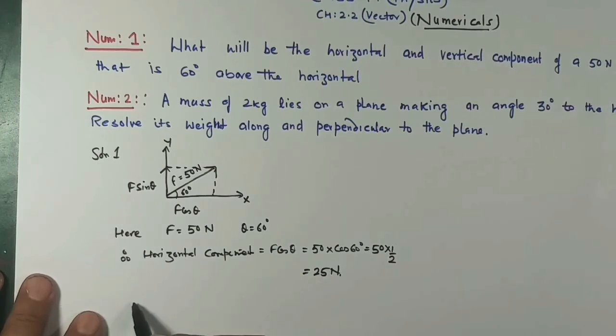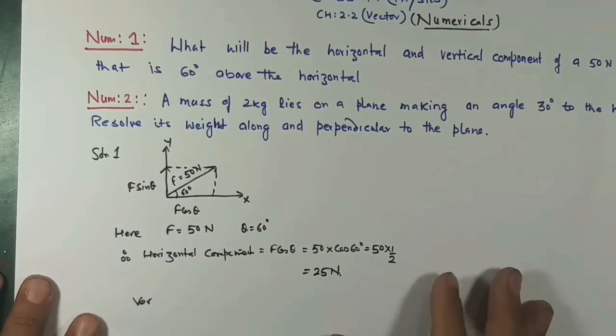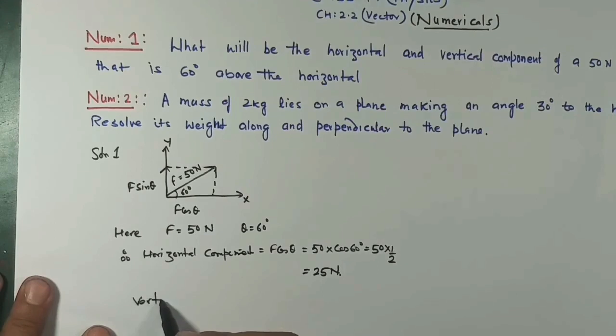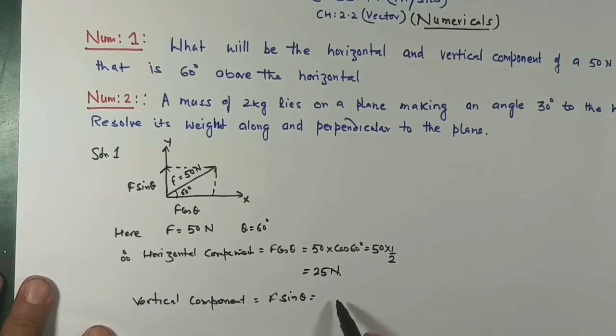And second vertical component, it is F sine theta. So F is 50 into sine 60 degree, we know its value is root 3 upon 2.